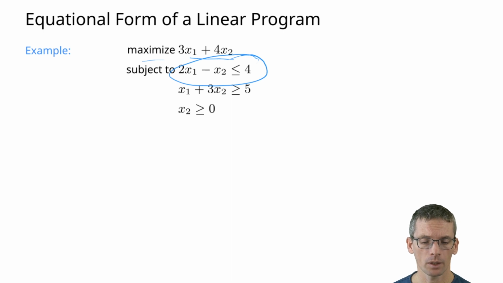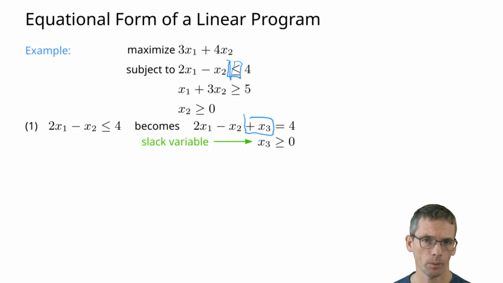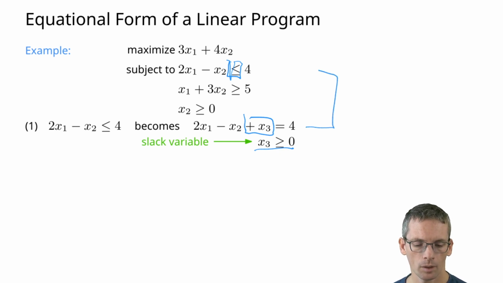The slack variable is just a new variable that we add: starting with a smaller equal, we simply add a plus x3 here. And since x3 should be larger equal 0, these two lines are equivalent. So this is smaller equal if there is an x3 such that this is equal.